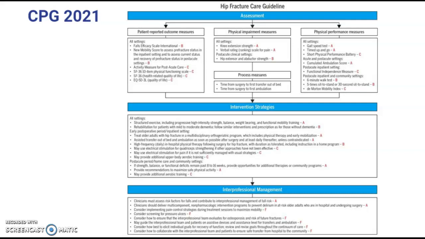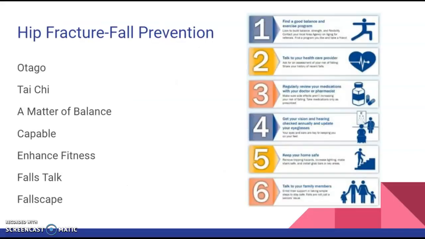And there in the bottom, interprofessional management: clinicians must assess risk factors for falls and contribute to interprofessional management of fall risk. So that's a great segue into my next point about fall prevention.